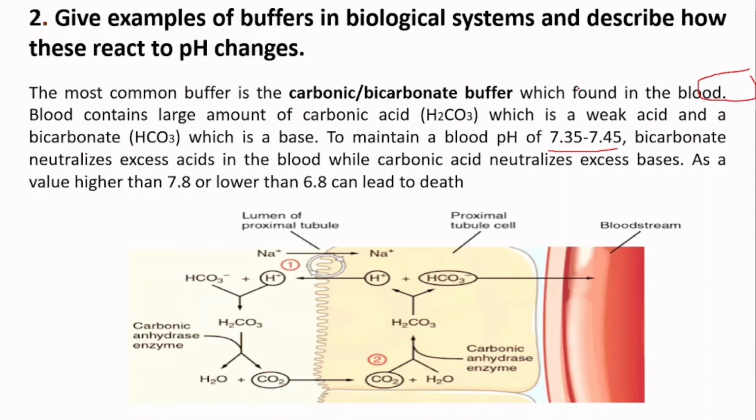Bicarbonate neutralizes excess acids in the blood, while carbonic acid neutralizes excess bases. A value higher than 7.8 or lower than 6.8 can lead to death. So, even a slight imbalance in the pH of our blood, the patient may encounter complications. Okay? So, it is very important that we maintain the pH of our blood at 7.35 up until 7.45.